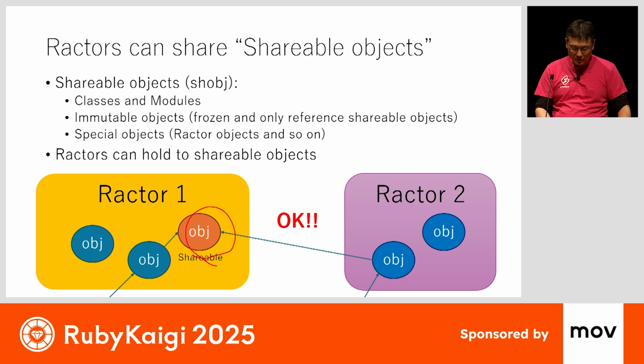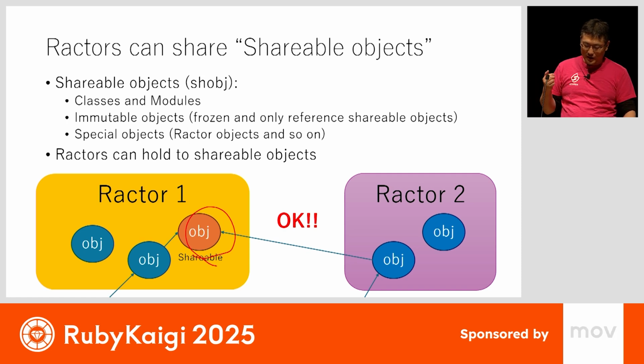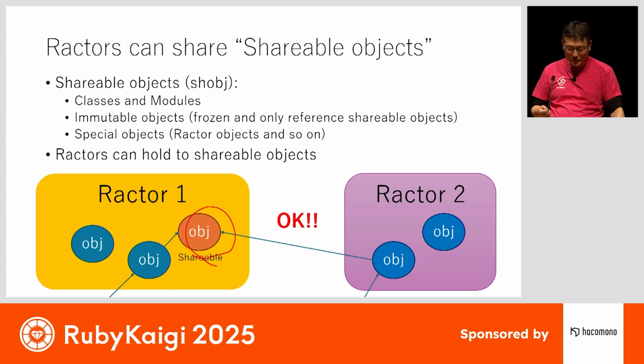This is allowed, and that's totally fine. While most objects are isolated per Ractor, shared objects act as exceptions and can be referenced safely from multiple Ractors.